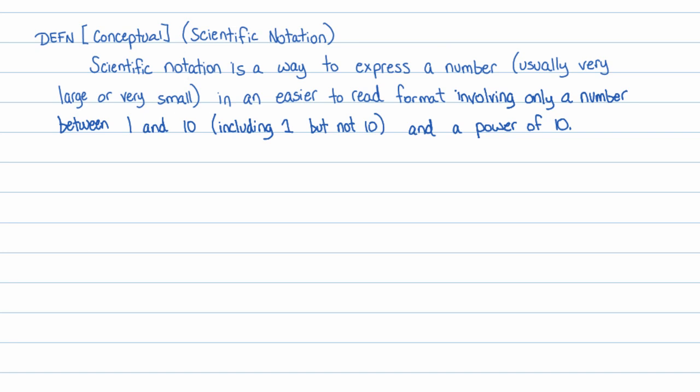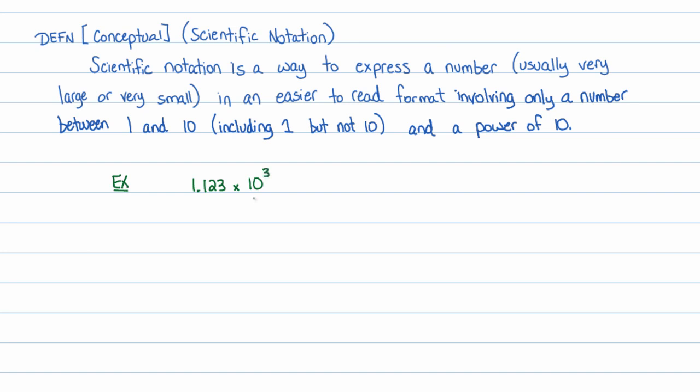What do I mean by that? Well, it means that you have a number like 1.123, that's definitely a number between 1 and 10, and then it also includes a power of 10. In other words, I'm going to attach this times some power of 10.